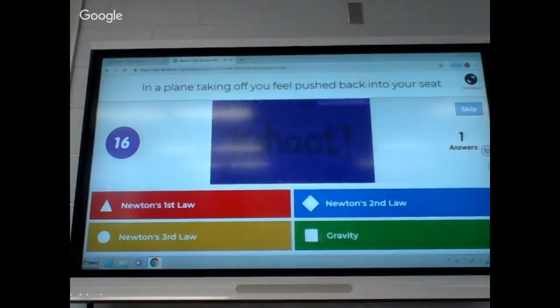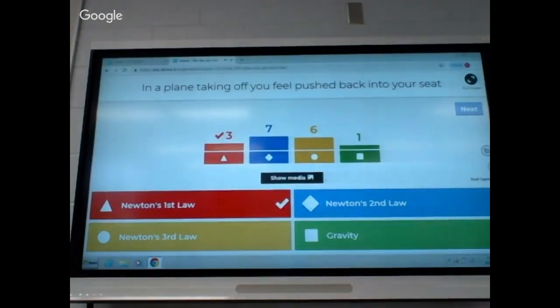In a plane taking off, you feel pushed back into your seats. All right. Did it say anything about mass and acceleration in that question?